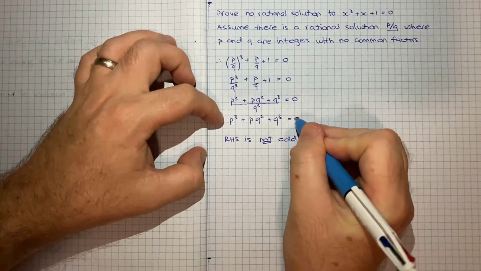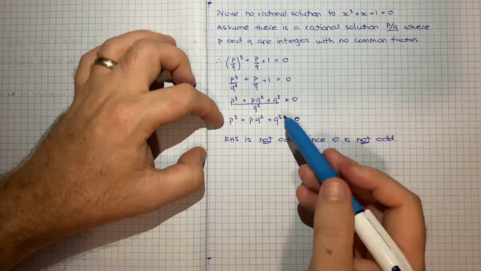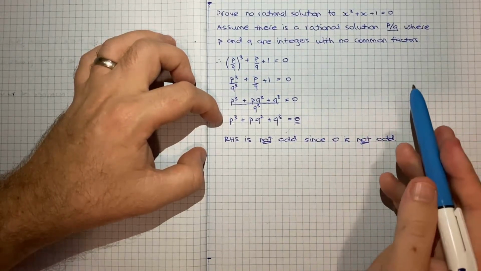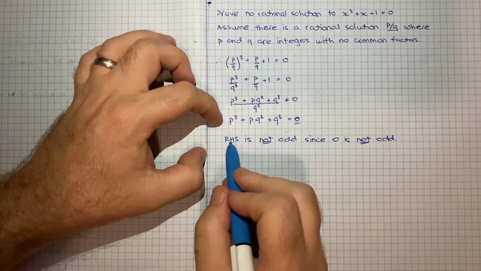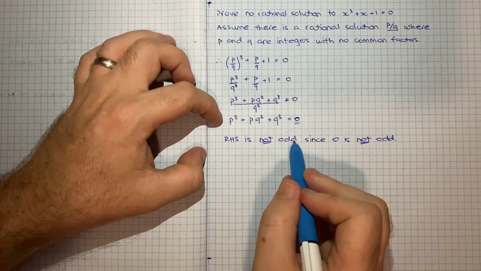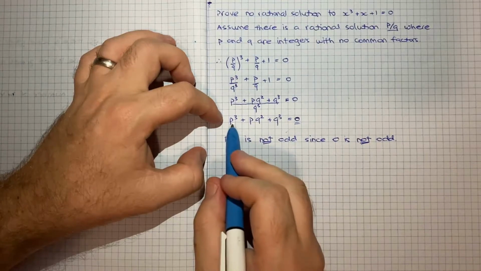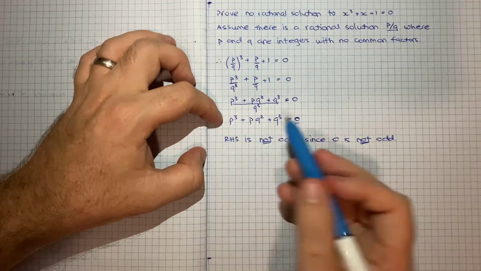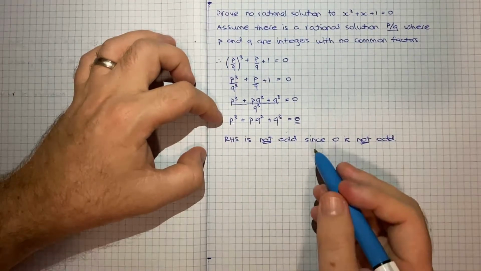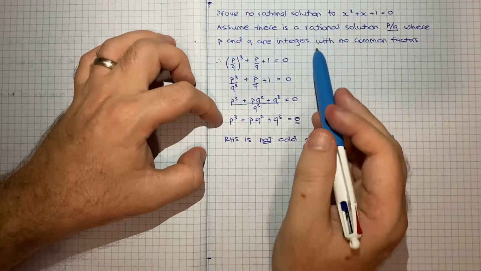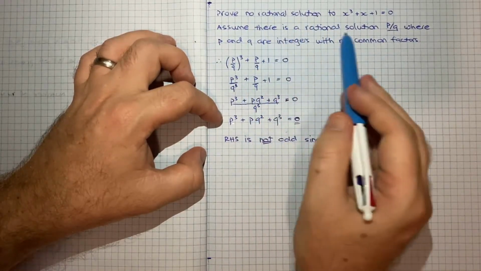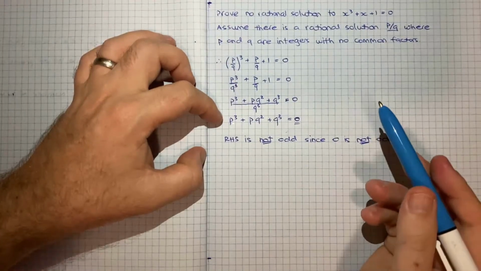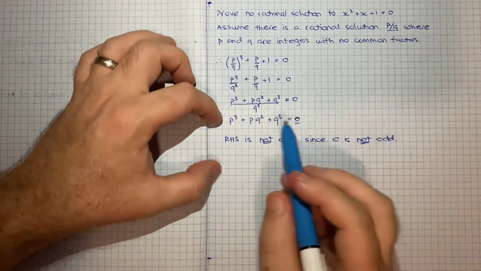I think there are good arguments for why you could say 0 is even, but to avoid that rabbit hole, I'm just going to say it's not odd. Our right-hand side is not odd, which means if our left-hand side is odd, then we've got our contradiction, and therefore we can draw our conclusion that there is no rational solution. Because if we assume there is a rational solution, we end up with a contradiction.